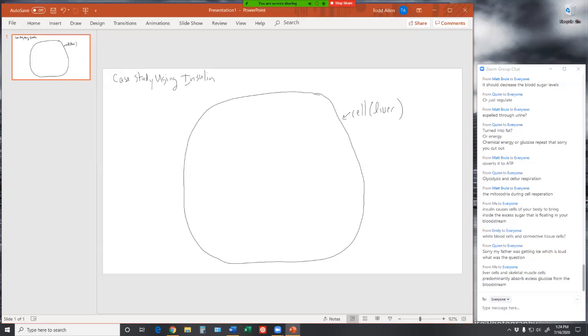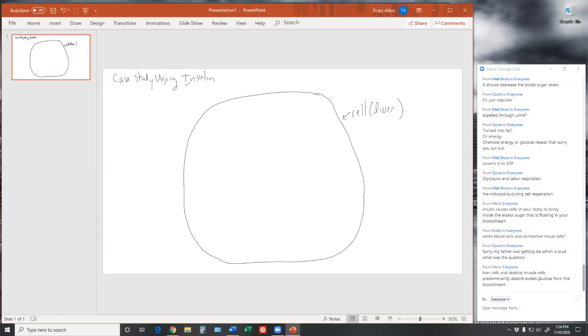So let's think about what's occurring here, okay? Insulin's going to be pushed into the bloodstream because you ate some food. It's lunchtime, so maybe you have a cheeseburger or whatever it might be, okay? So that's going to cause the blood sugar level to rise.